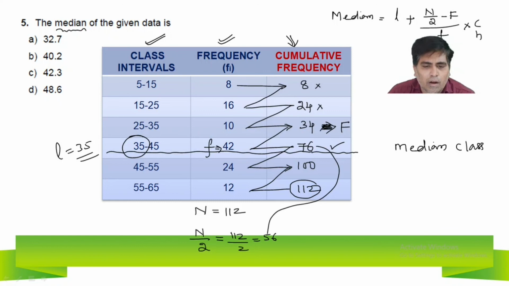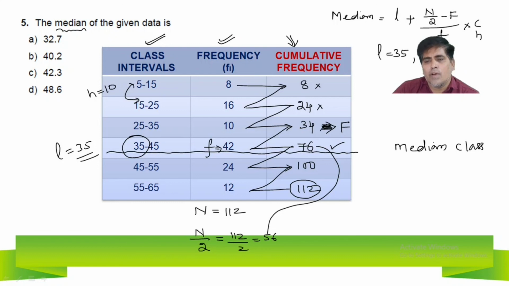I hope we got all the values, and H is here. In the last problem also we have calculated the class length, H is 10. So we got all the values. I'm listing them here. L is equal to 35, that is the lower boundary of the median class.